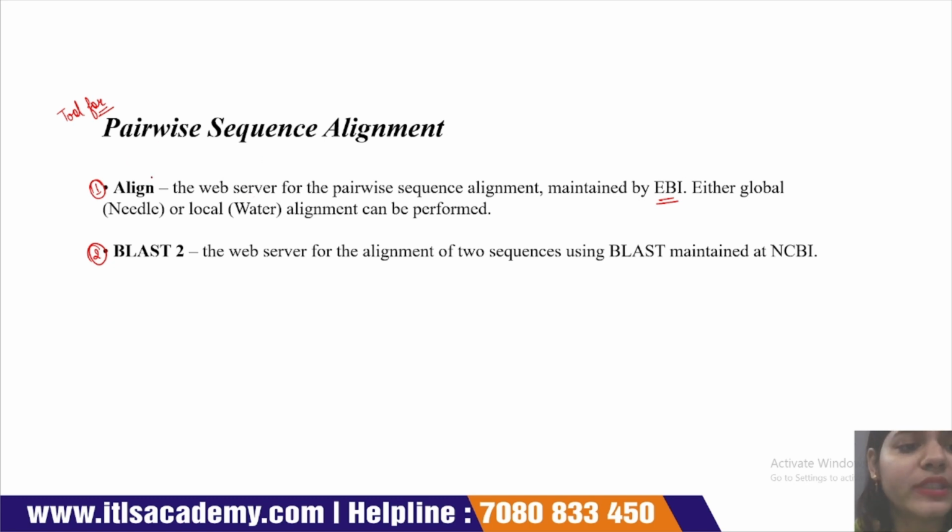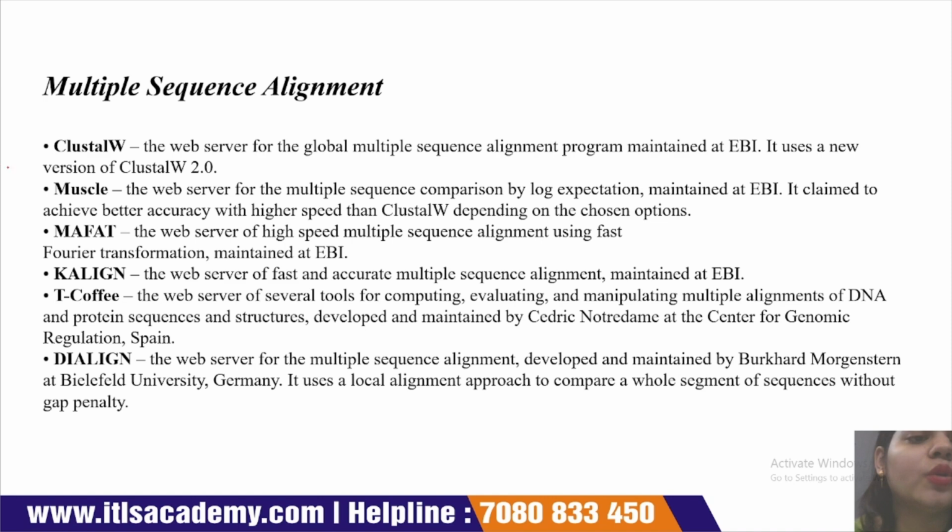With the help of this Align tool, we perform local alignment as well as global alignment. Okay, next is the BLAST tool. BLAST, the web server for alignment of two sequences using BLAST, and this BLAST tool is maintained by the NCBI. Okay, now we discuss the tool for multiple sequence alignment.